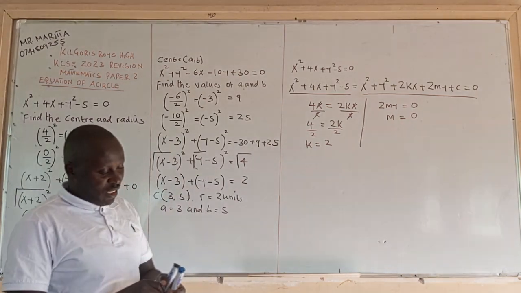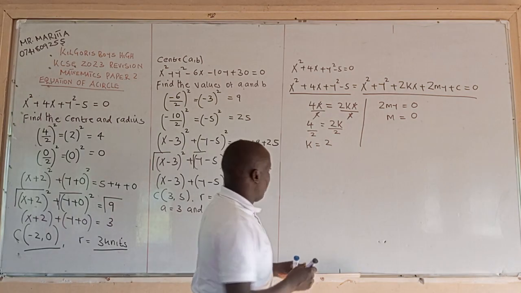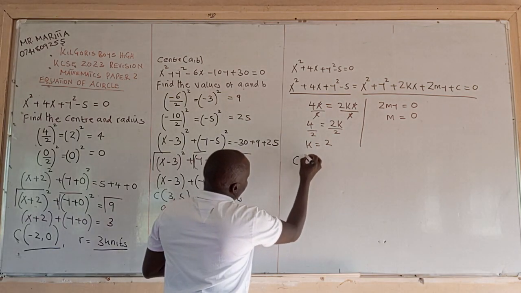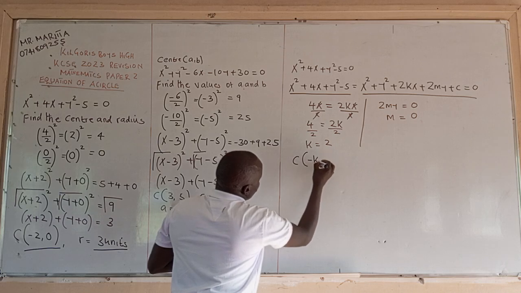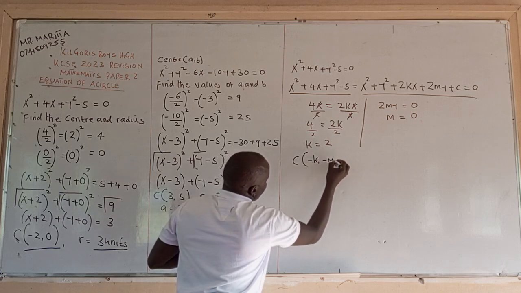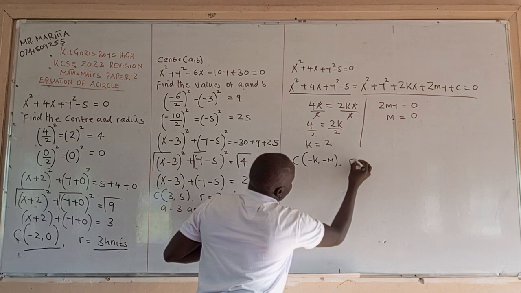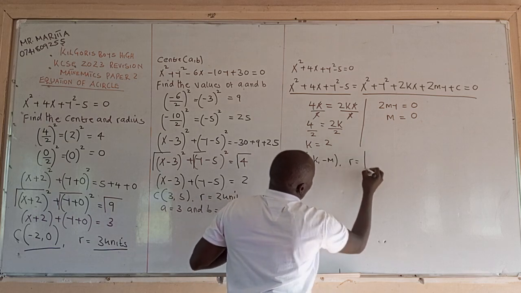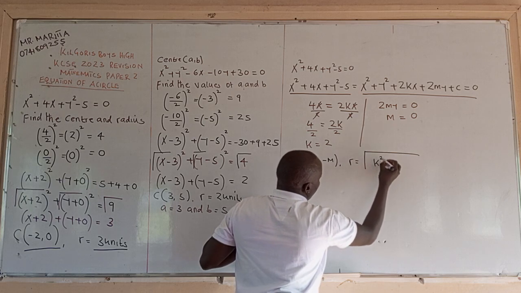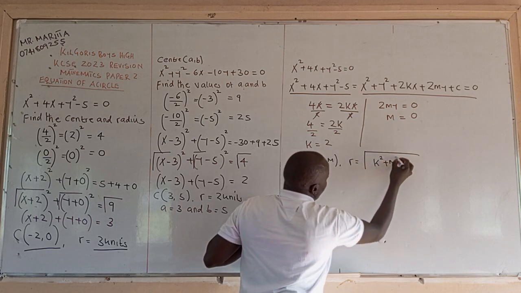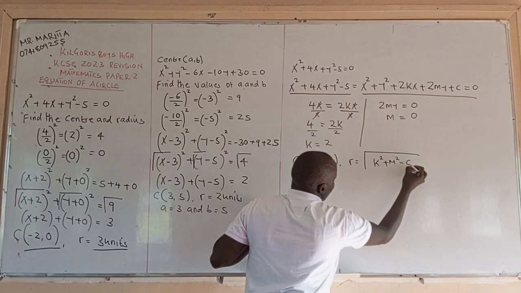So how do you now get the radius? Using this formula, the center is normally given by negative k, negative m. Then the radius is equivalent to the square root of k squared plus m squared minus the constant c.